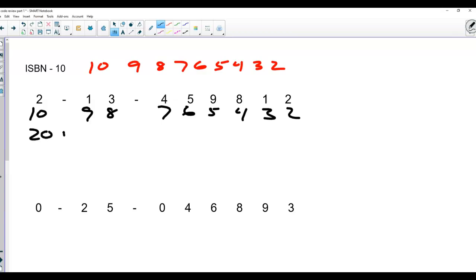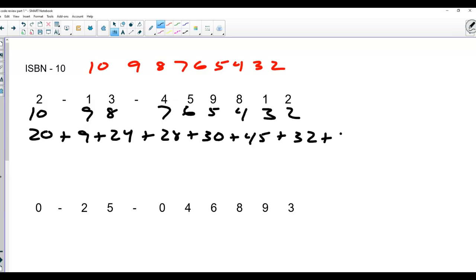All right, we get 20, 9, 24, 28, 30, 45, 32, 3, and 4. I'm going to go through that one more time. 20, 9, 24, 28, 30, 45, 32, 3, and 4. So I'm good there. Right away, 20 and 30 can be combined. That's 50.